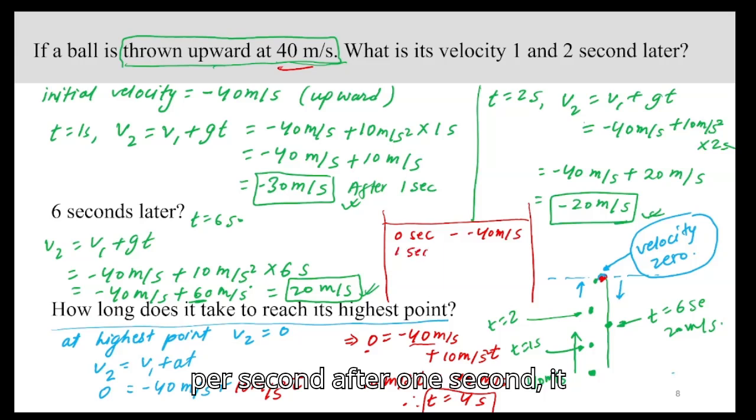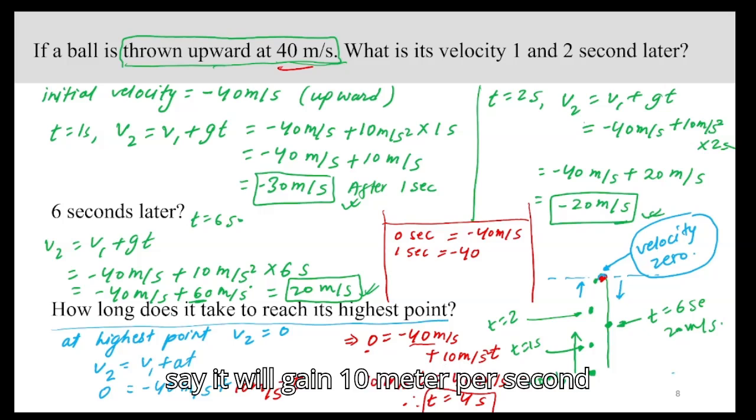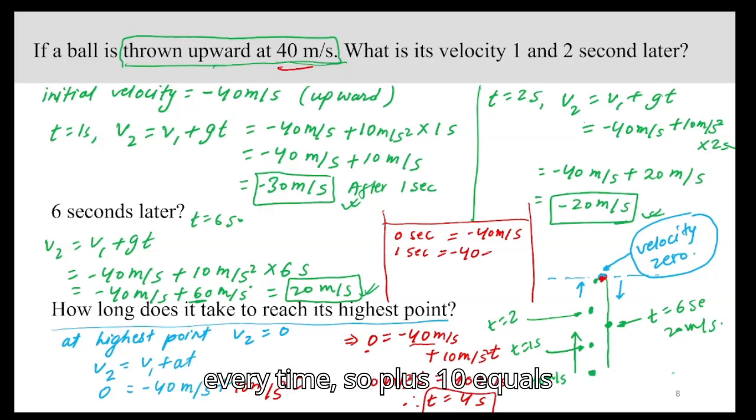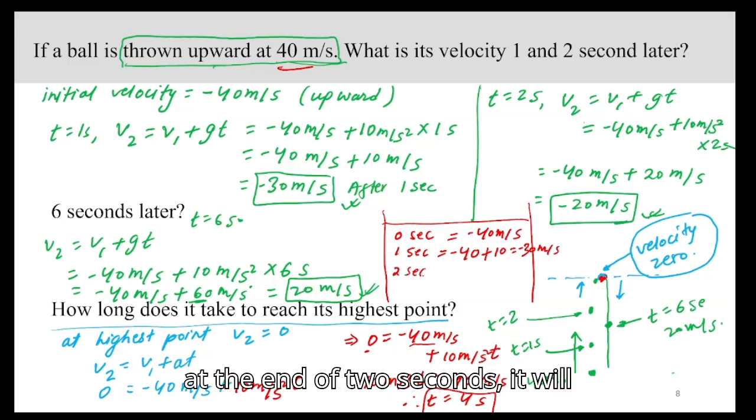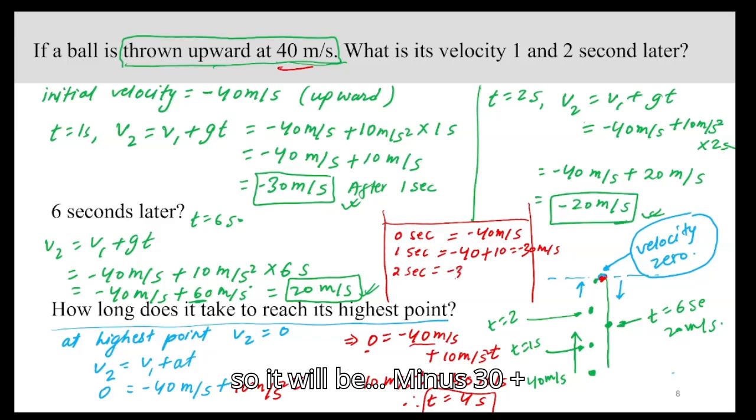After 1 second, it will be minus 40, and we say it will gain 10 meters per second every time, so plus 10 equals minus 30 meters per second. At the end of 2 seconds, it will gain 10 meters per second more, so minus 30 plus 10 equals minus 20 meters per second, which is negative as well.